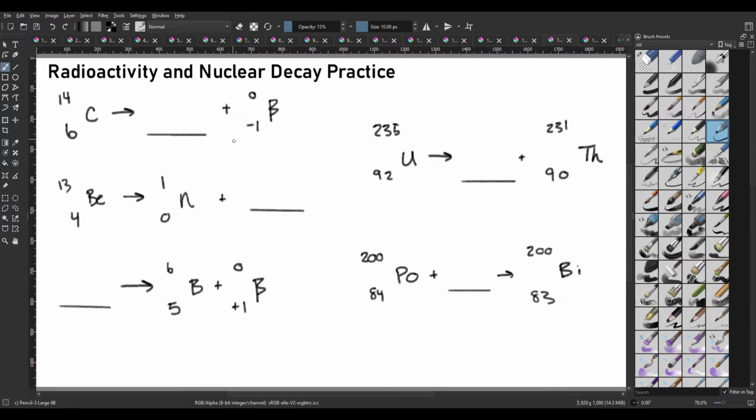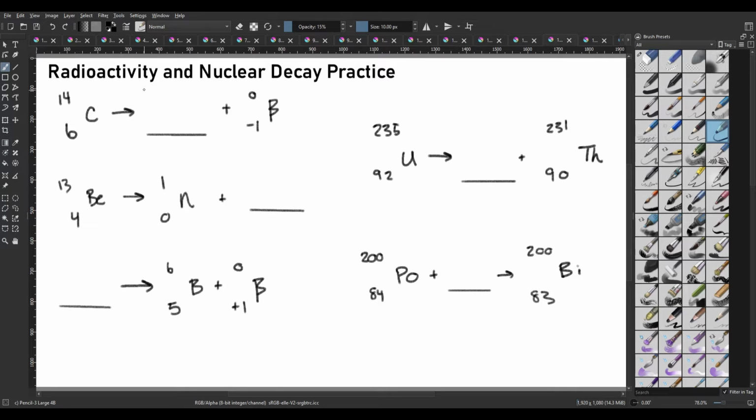So remember, whenever we balance a nuclear equation, the numbers on the top on one side of the equation have to equal the sum of the numbers on the other side. Same with the bottom numbers. So we have a top number of 14 on this side for a mass number. We have 0 over here for a beta minus particle. So we know this top one has to be 14 over here.